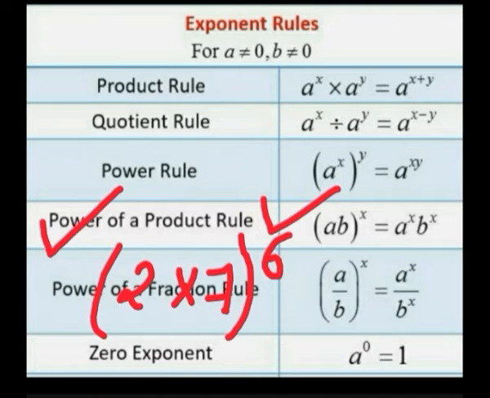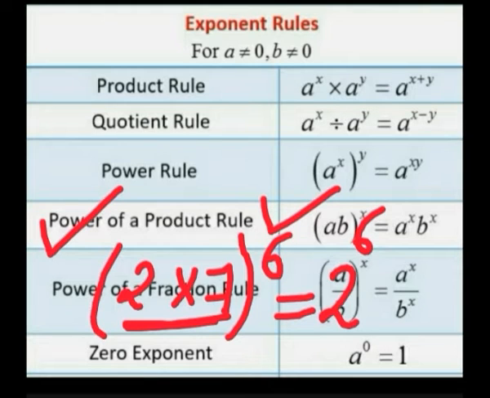Now here we have a product of 2 and 7. How can we express this expression? We can write it as 2 raised to the power 6 multiplied by 7 raised to the power 6. Here the exponent is distributed to each of the bases.